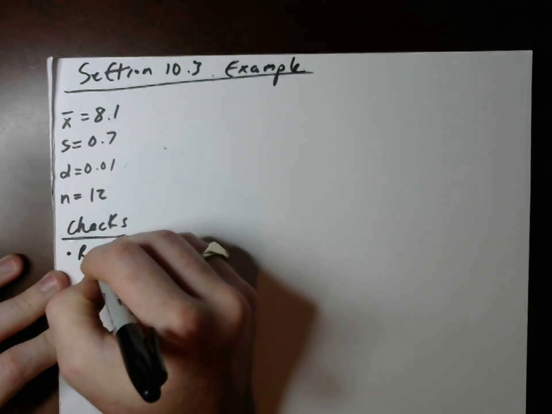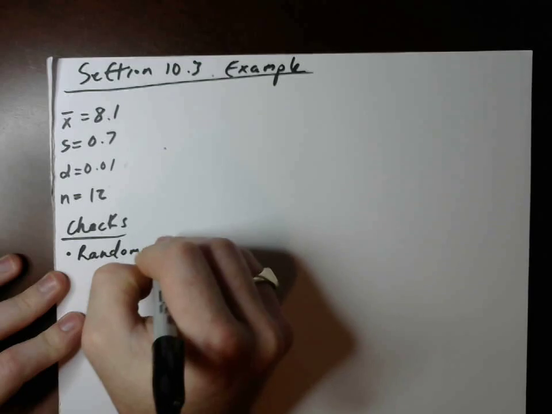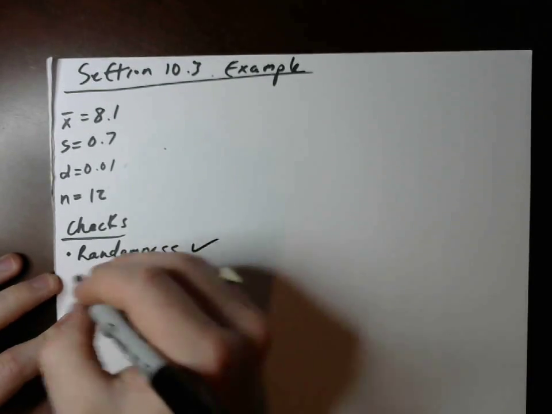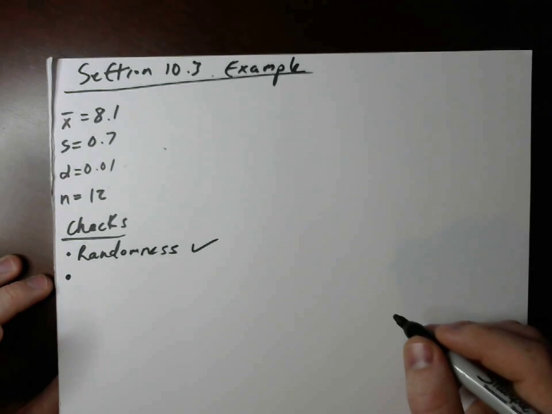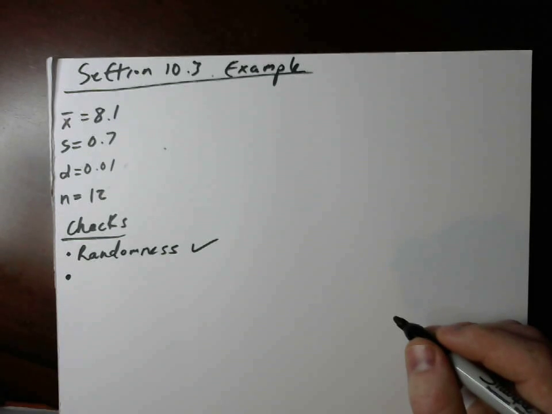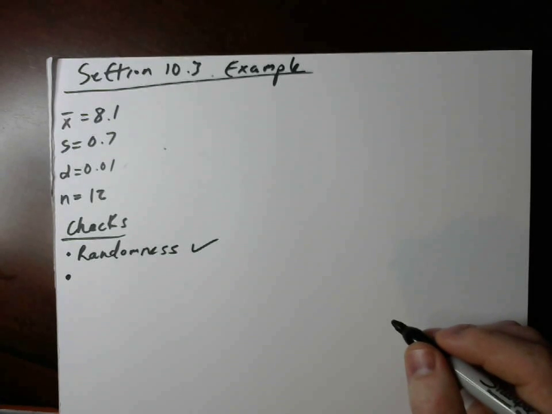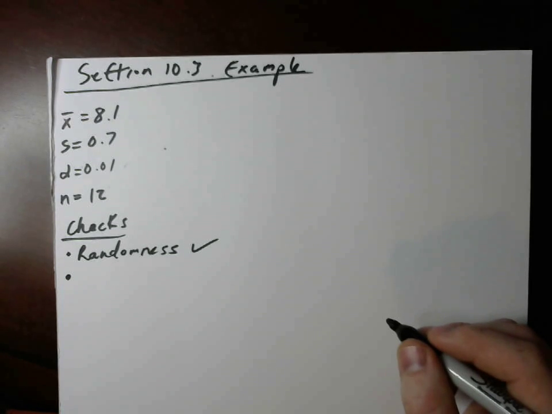So I'll just say randomness check. Now, if you remember from chapter 8, we're not dealing with np(1 minus p) is greater than or equal to 10 because we're not dealing with a proportion. To determine if we have a large enough sample size for this problem, we need at least 30, right?